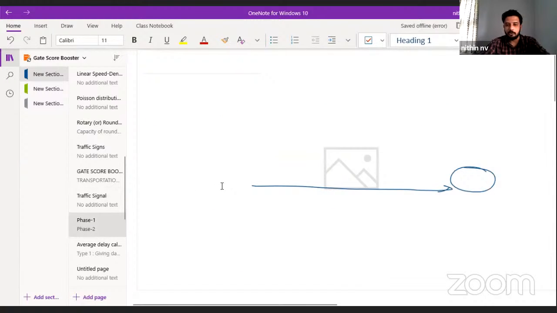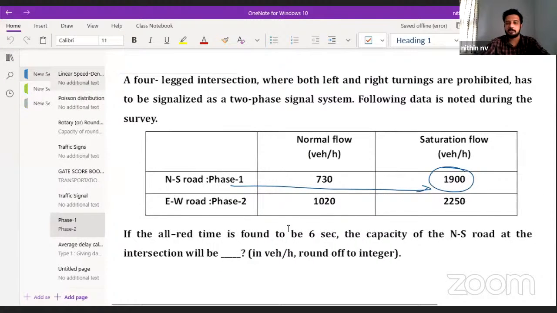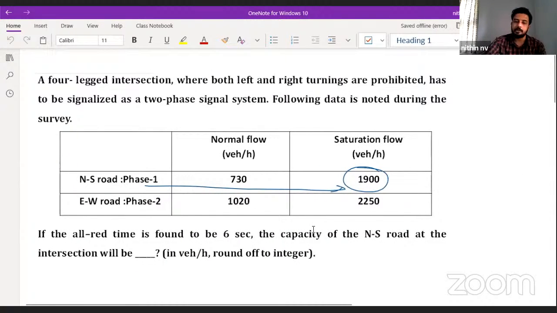Okay. So this was the question which we discussed, and we calculated the effective green time. Before that, we calculated the optimum cycle time. Then we calculated the capacity of that particular phase or lane. Then I told you to calculate the average delay per vehicle in that first phase. Then the answer was coming to be 17.7.